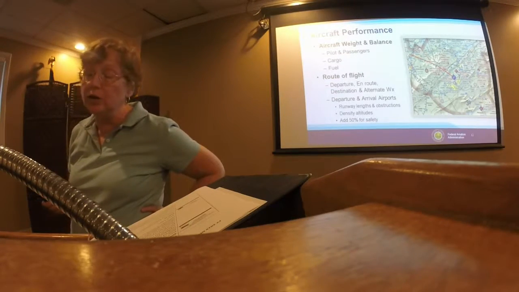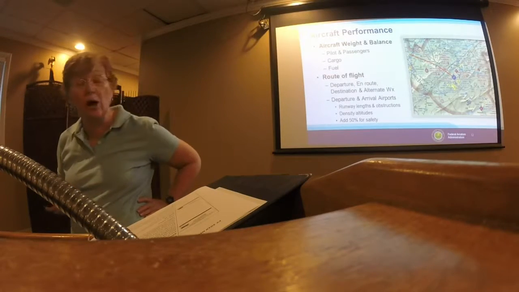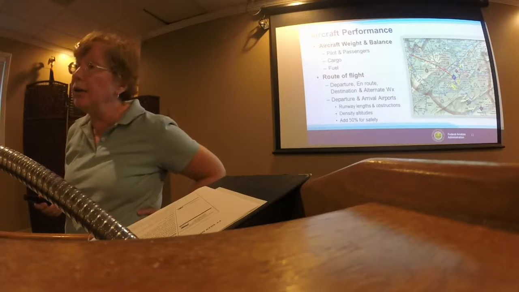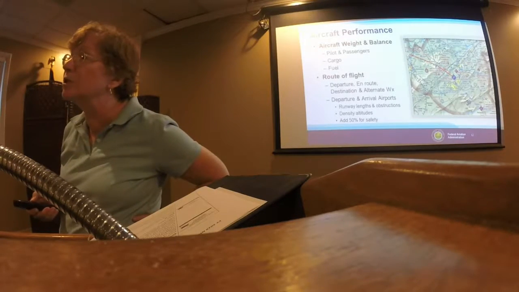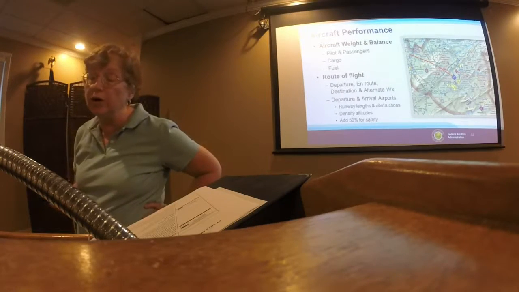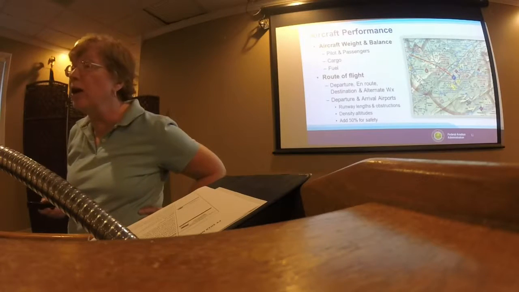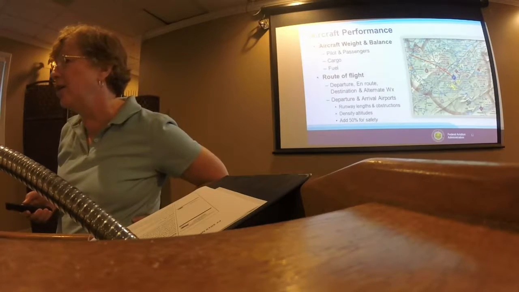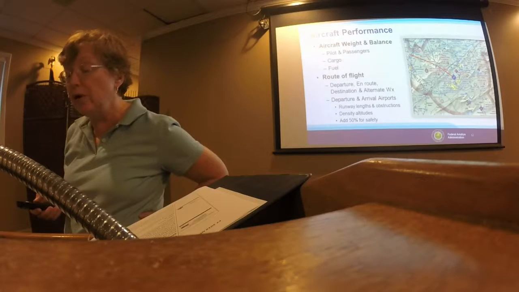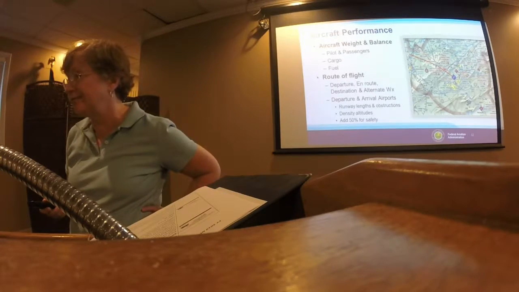You have to consider your departure and arrival airports, the runway lengths, the obstacles, and the environmental conditions, specifically the density altitude. If the field is short or it has an obstruction, you may not be able to safely fly in and out of that airfield. And it's very possible to fly in and crash on the way out.